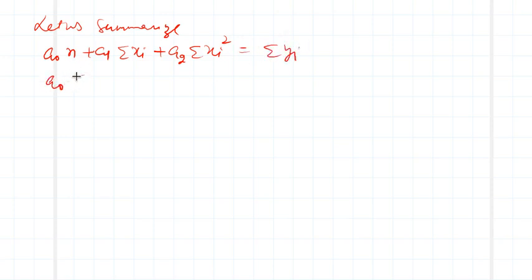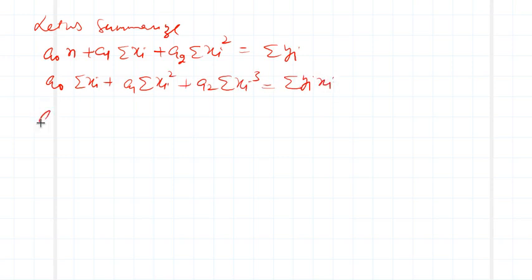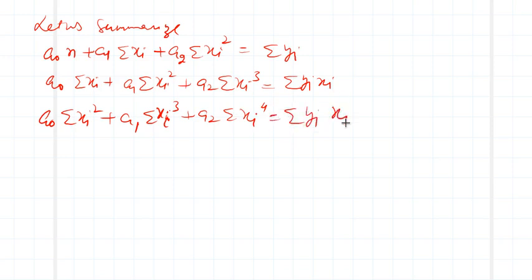Then a naught summation xi plus a1 summation xi square plus a2 summation xi cube is equal to summation yi xi. Then a naught summation xi square plus a1 summation xi cube plus a2 summation xi raised to power 4 is equal to summation yi xi square.